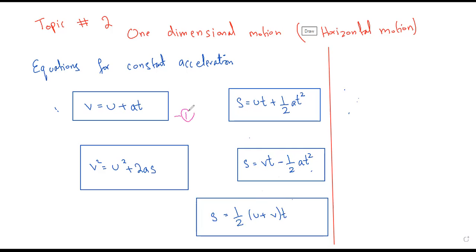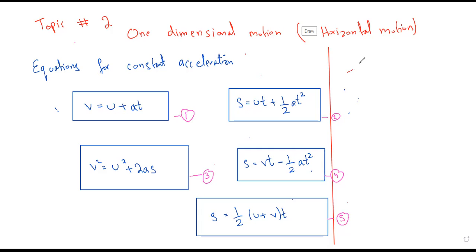This one is the first one, the second one, the third one, the fourth one, and the fifth one. Most of the times we will be using 1, 2, and 3 only, but there would be times where we can use 4 and 5 just for our convenience, right? Okay.